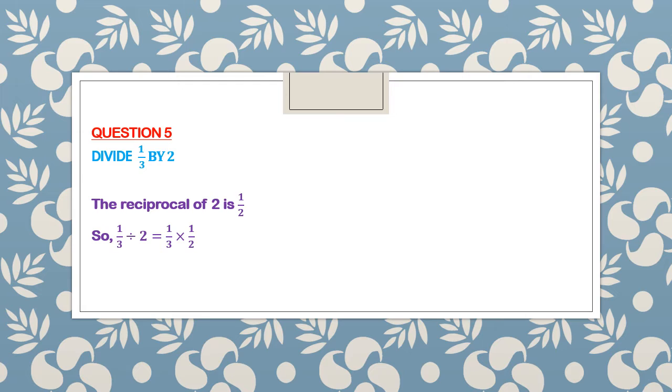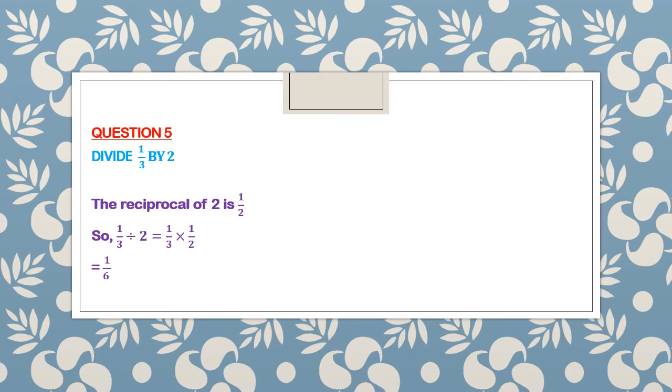On solving this, multiplying the numerator with the numerator and the denominator with the denominator, we will get the answer as 1 upon 6. So 1 by 3 divided by 2 is equal to 1 by 3 multiplied by 1 upon 2, which is equal to 1 upon 6.